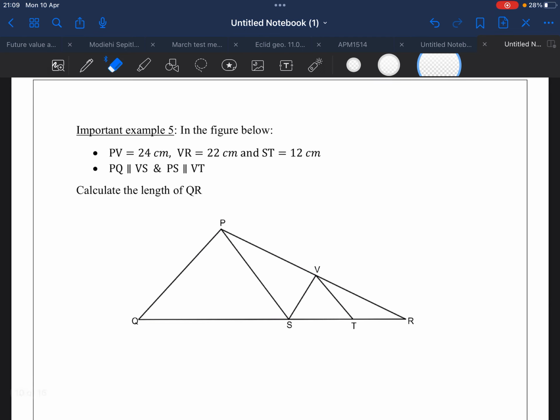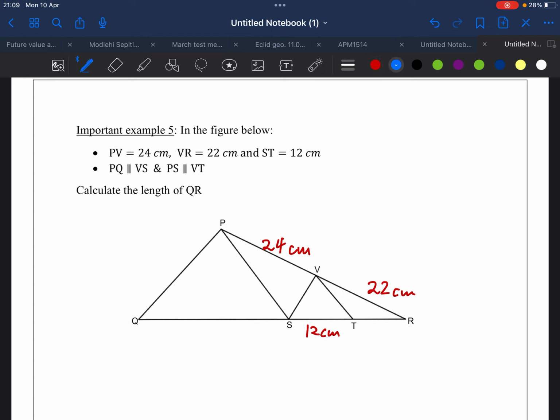I'm going to start by filling in my sketch. PV is 24, so I'm going to have my 24 centimeters here. Then my VR is 22 centimeters, and we are given that ST is just 12 centimeters.